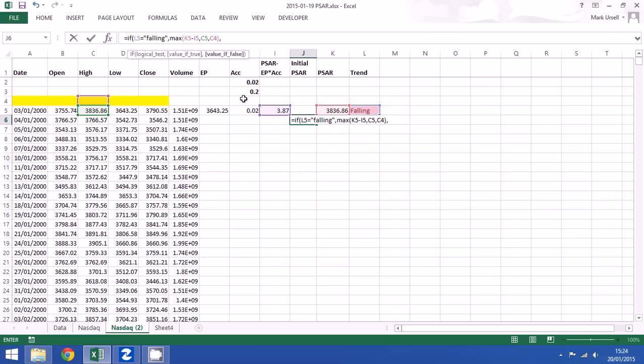The opposite situation, if the preceding trend is an uptrend, if it's rising, this time we work out the minimum of this minus this, the low, and the previous low.